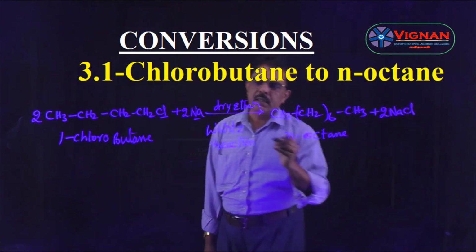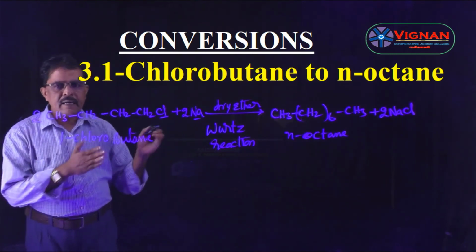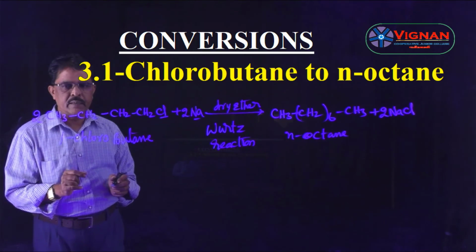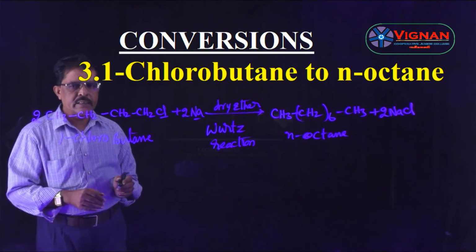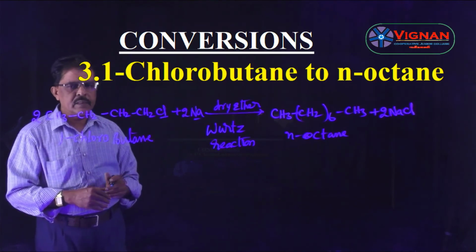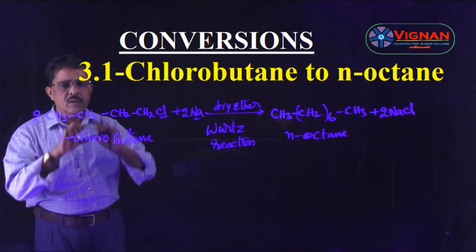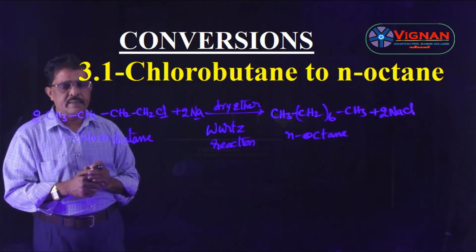By means of Wurtz reaction, one can prepare the n-octane by using the 1-chlorobutane. 1-chlorobutane is subjected to Wurtz reaction, then you will get n-octane. n-octane means a normal chain octane. No branches are present. Right, understand?